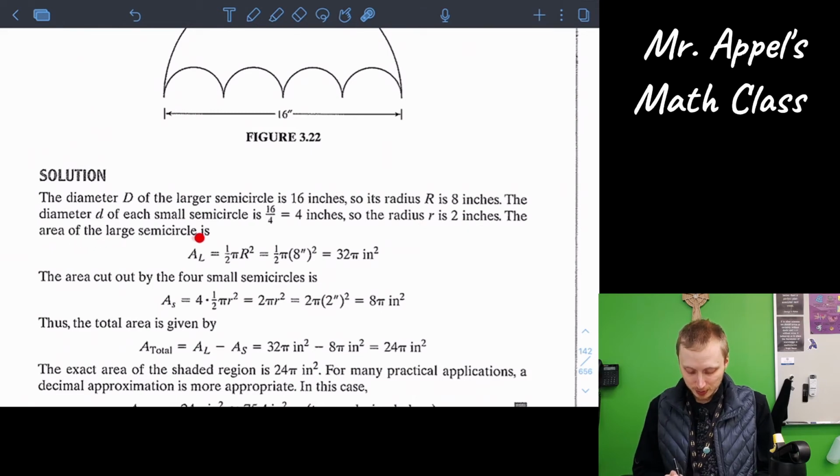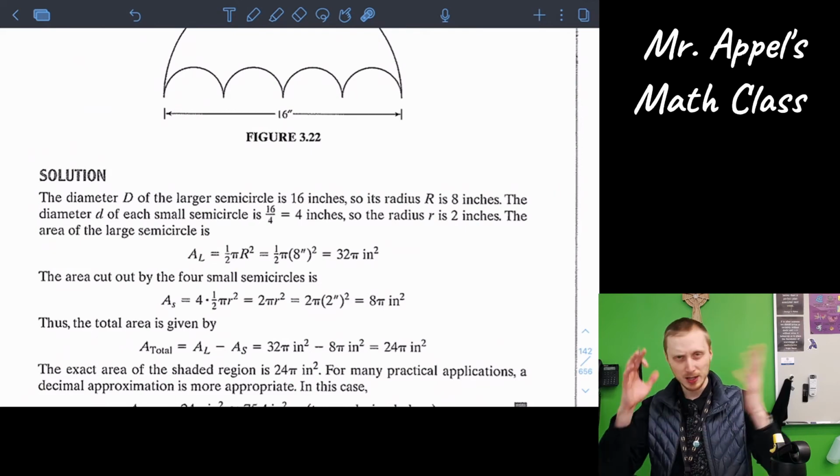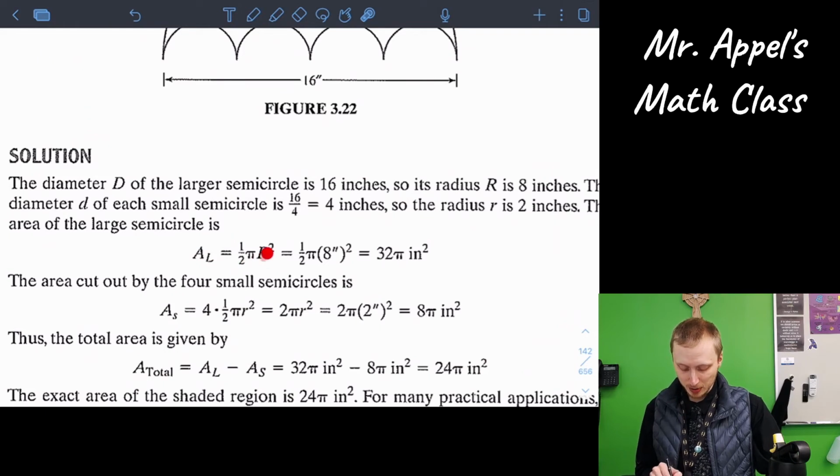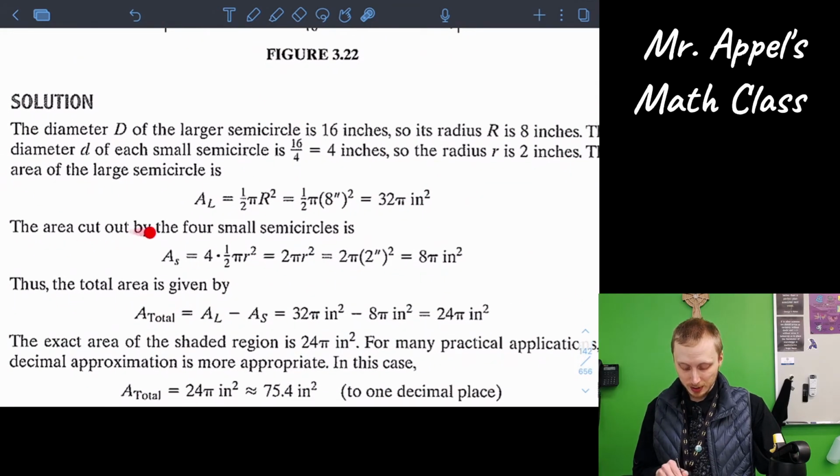The area of the large semicircle is area of, and you got to put some subscript here to distinguish which areas we're talking about. So let's call this area large. Area L is 1/2 pi big R squared. Substitute 8 for big R, and you get 32 pi inches squared. And then the area cut out by the 4 small semicircles is area small, would be 4 of them times 1/2 pi small r squared.